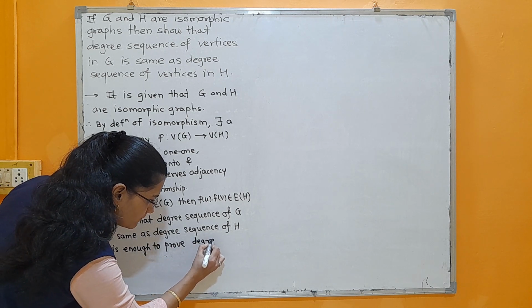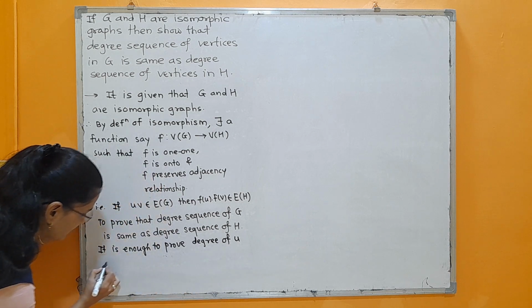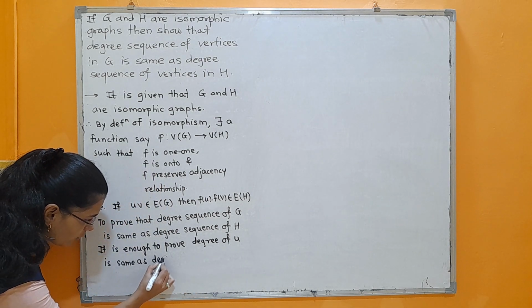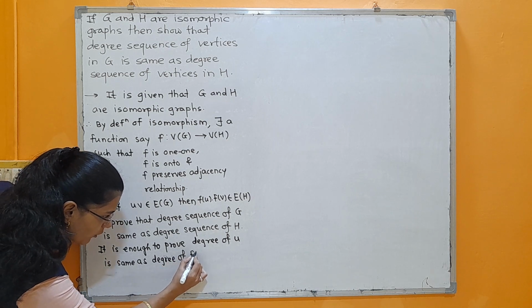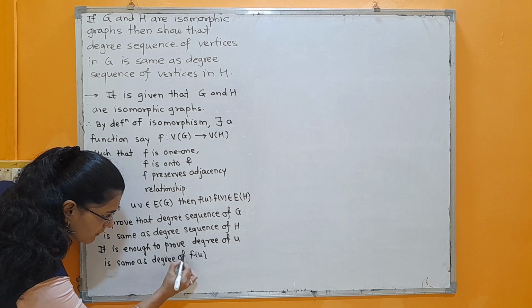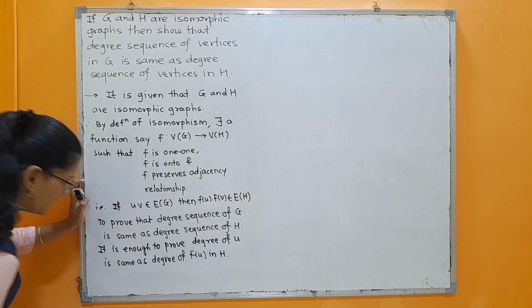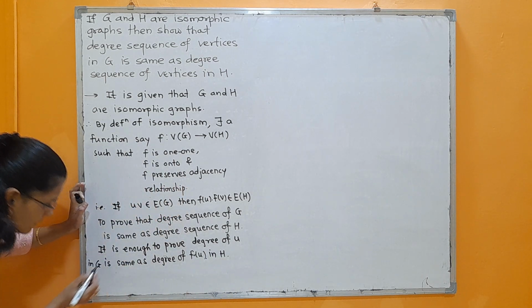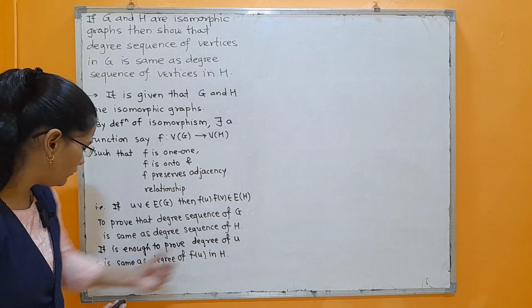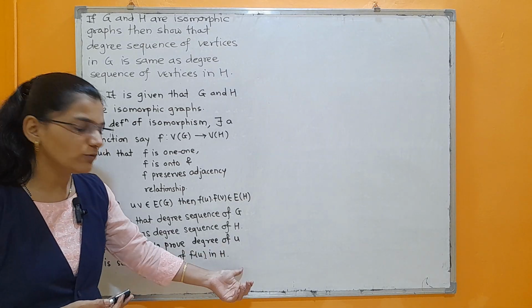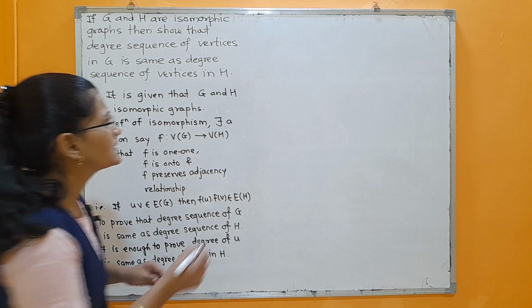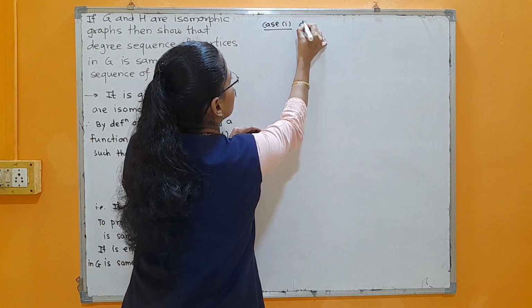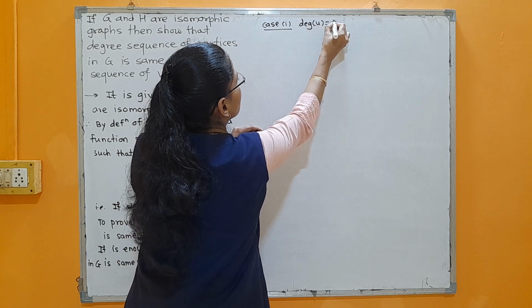degree of u is the same as degree of f of u in H. Degree of u in G. So we are going to prove the degree of u in G is the same as the degree of f of u in H. So the first case is degree of u is equal to 0.